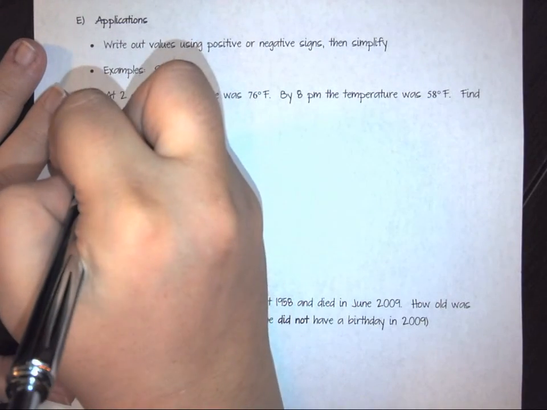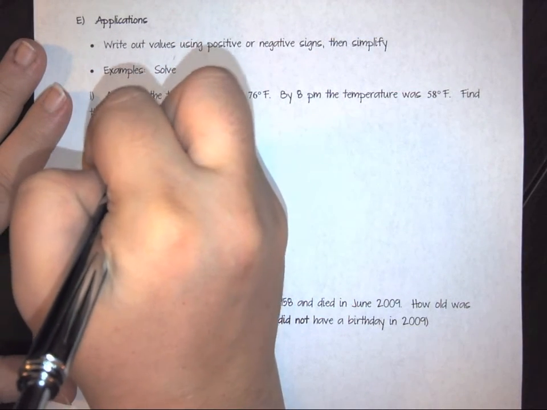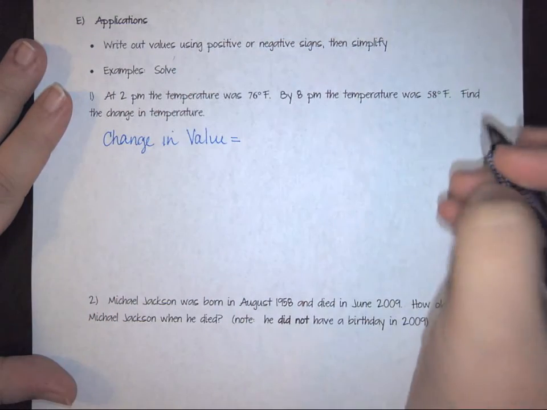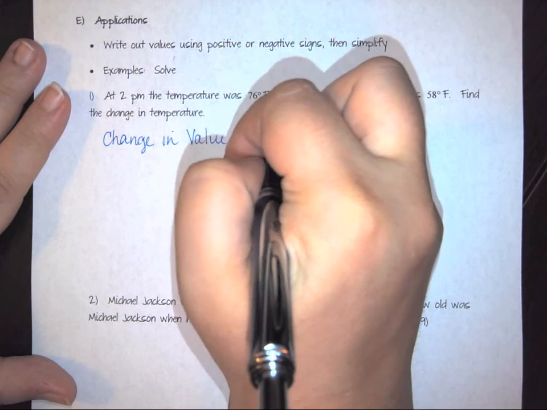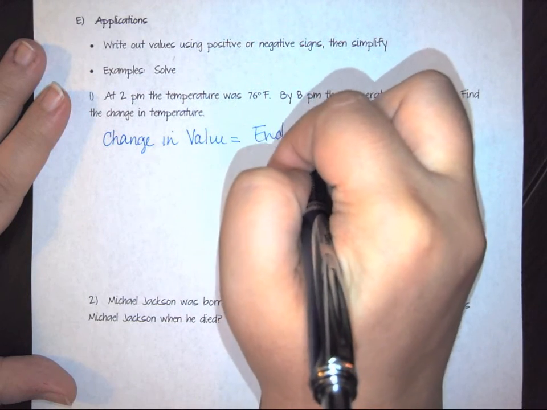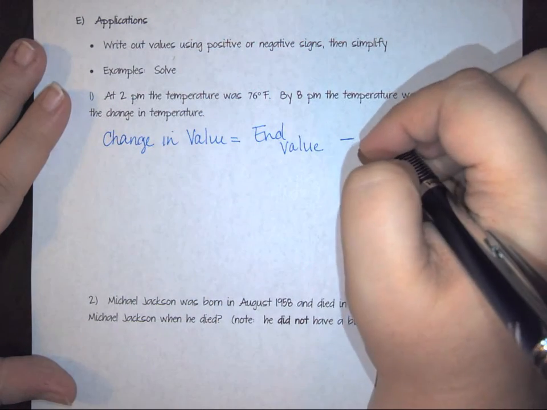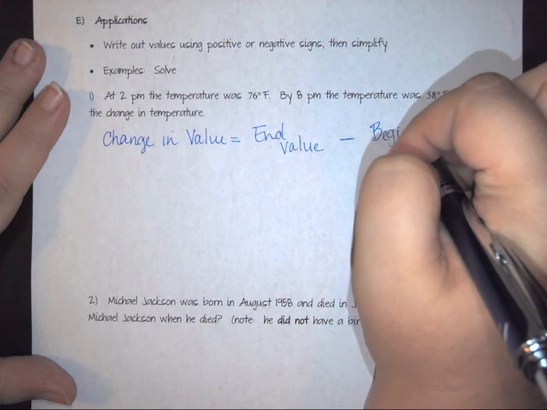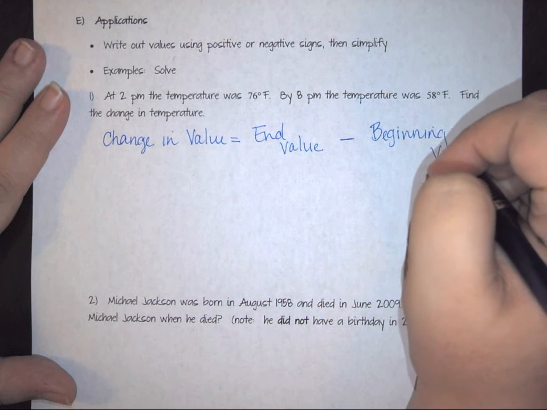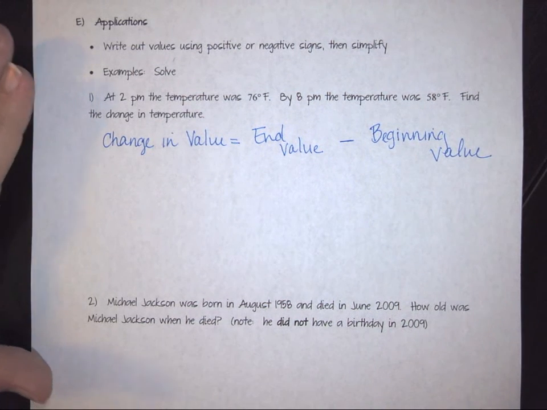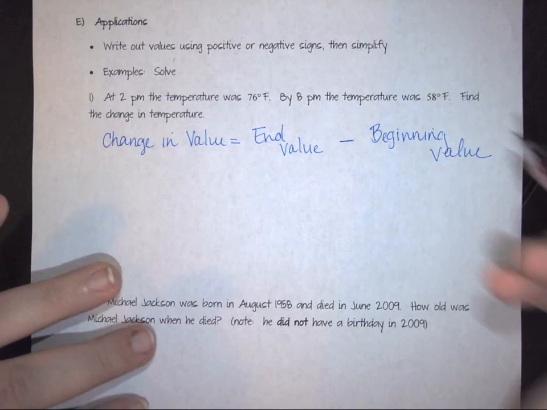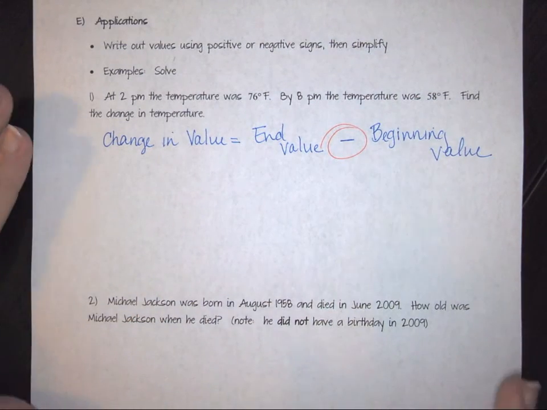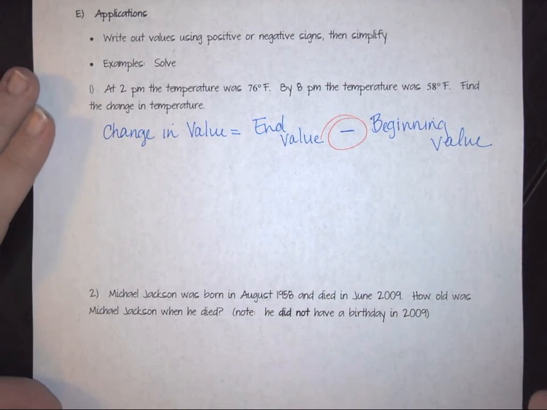So what we first need to know is that when we are looking for a change in value, that means we are looking at taking your end value and subtracting away your beginning value. And that is going to give you the change. Now, specifically, it's the act of this subtraction that gives you the change in your two values. So what do we know?